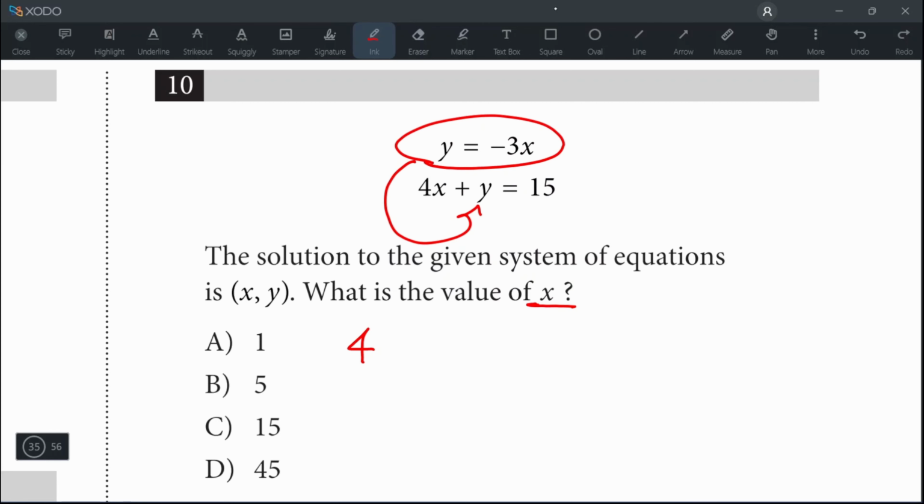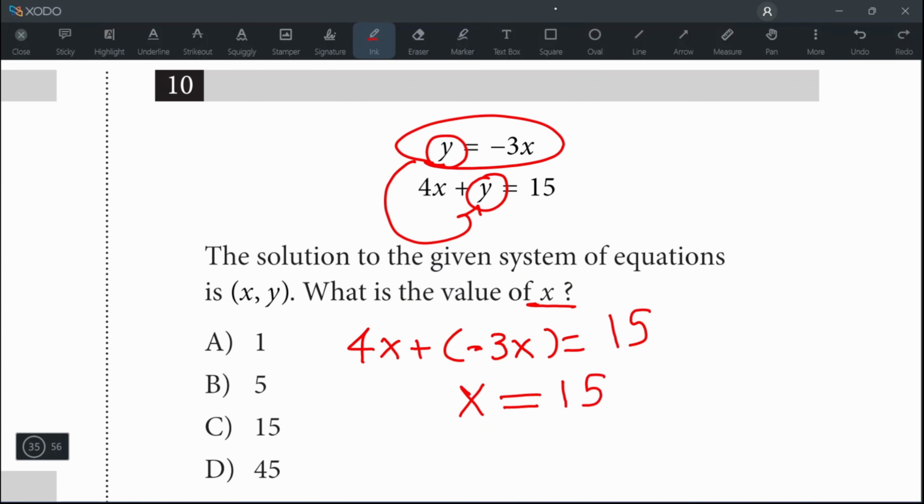So we'll have 4x plus negative 3x is equal to 15. So 4x plus negative 3x is equal to x, and that's equal to 15. So the value of x is 15, which is choice C. And this question is about system of equations.